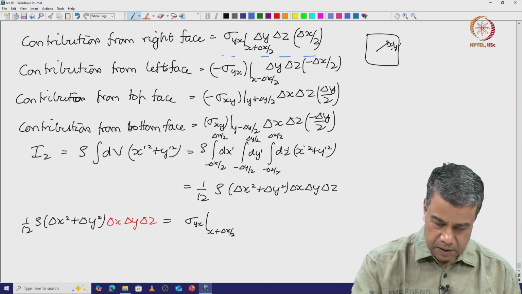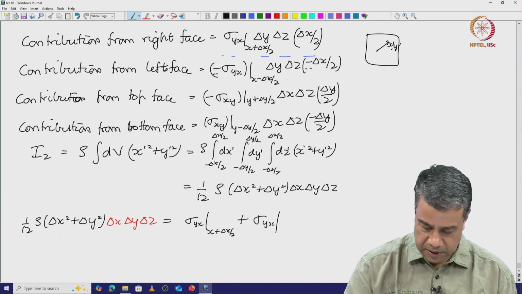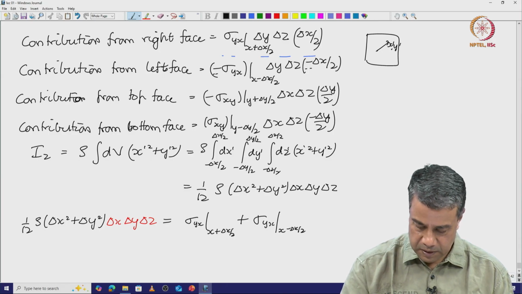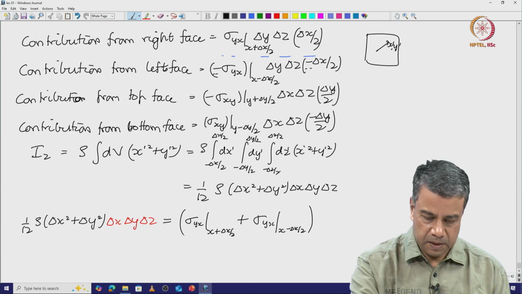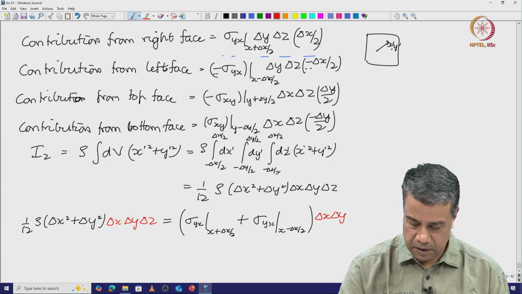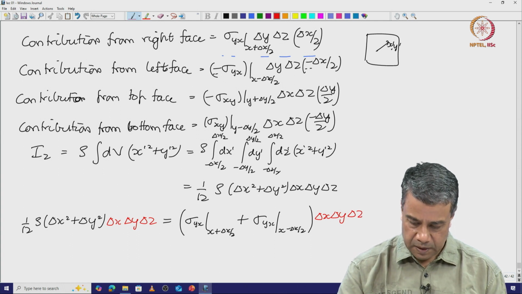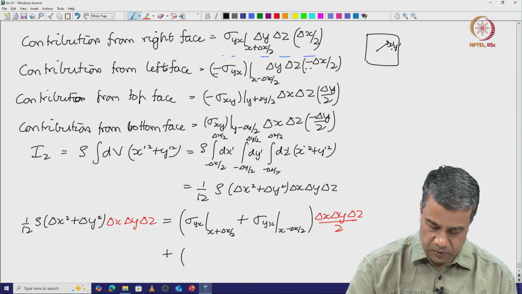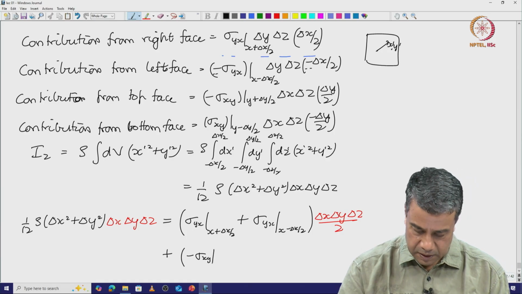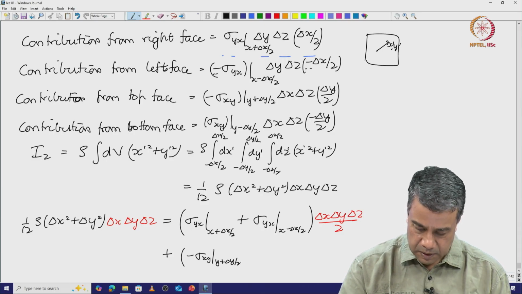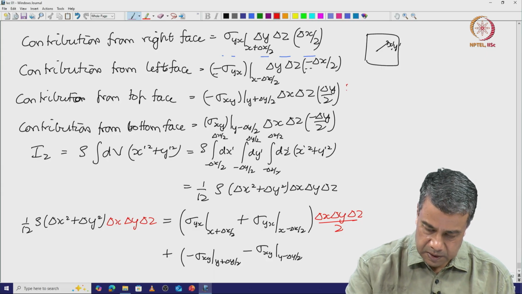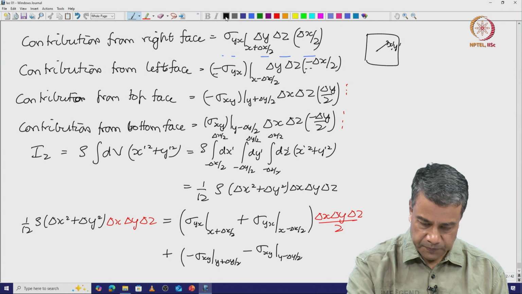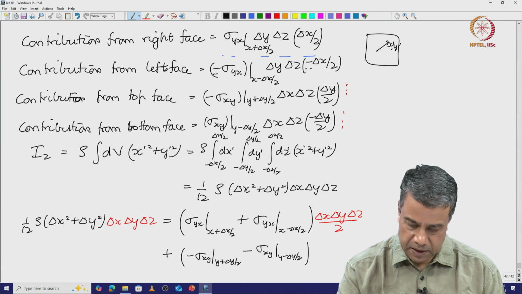And the second term has 2 negative signs here, so this becomes plus sigma y x at x minus delta x by 2, and there is a common factor of delta x, delta y, delta z divided by 2, plus these last two terms, which is minus sigma x y at y plus delta y by 2 plus minus sigma x y at y minus delta y by 2, once again multiplied by delta x, delta z and delta y by 2.